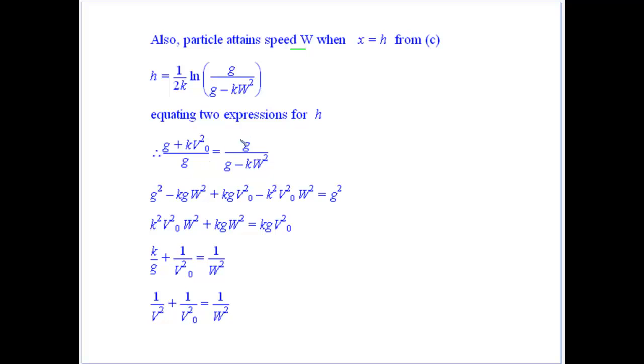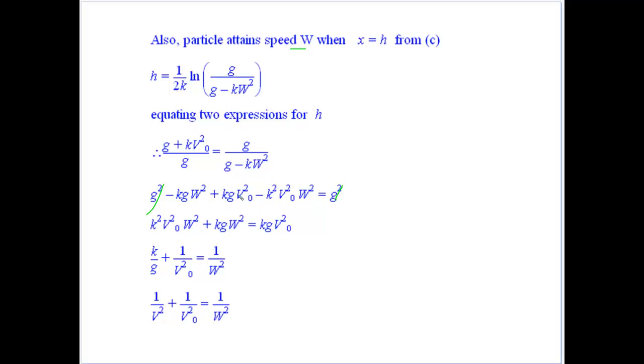So we get a g squared there, and multiplying these two out, we get g squared minus kg w squared plus kg v0 squared minus k squared v0 squared w squared. That's a lot of squaring. We start to cancel our g squareds. At least something's nice. And then we start to get this part across different sides.